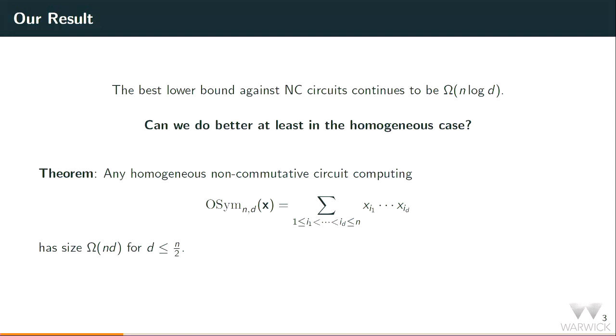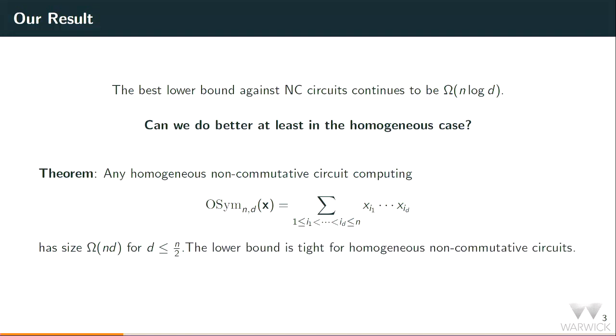What is the elementary symmetric polynomial? You are just picking d variables out of the n variables and summing up all those monomials. We look at the ordered version because we are in the non-commutative setting. For larger d, you lose a factor of log d, but essentially n^d.